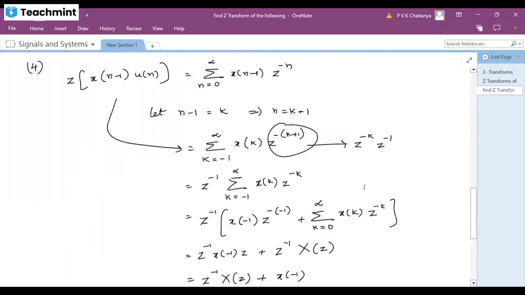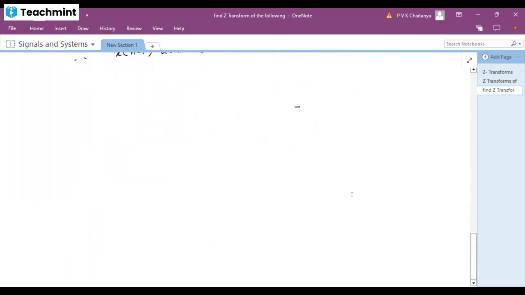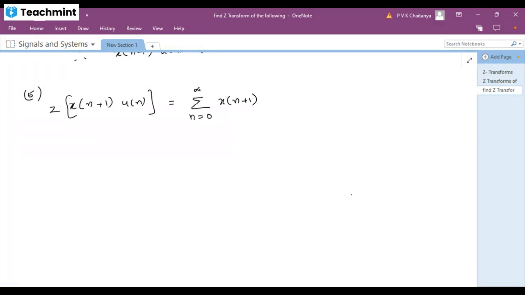The z transform of x of n plus 1 into u of n, I can write this as sigma n is equal to 0 to infinity x of n plus 1 z power minus n.